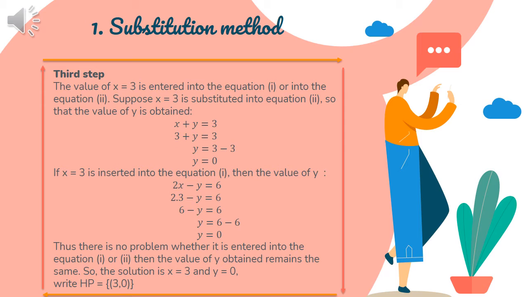If x equals 3 is inserted into the first equation, then for the value of y, 2x minus y equals 6, 2 multiply 3 minus y equals 6, 6 minus y equals 6, y equals 6 minus 6, y equals 0.